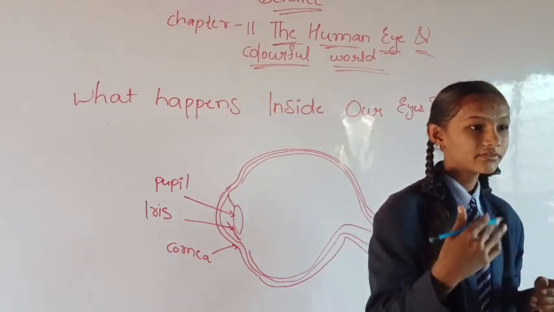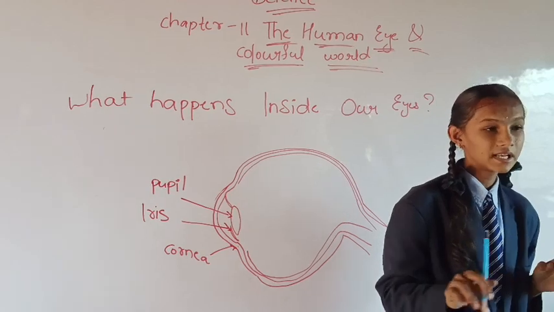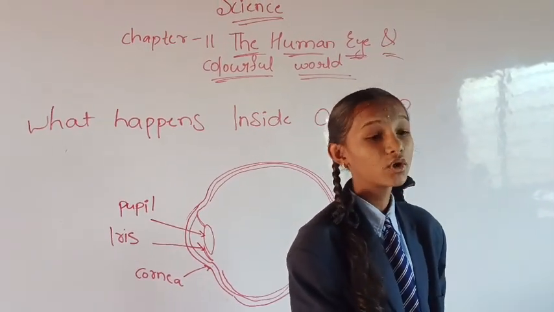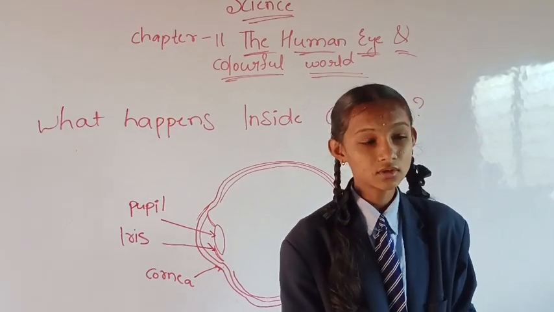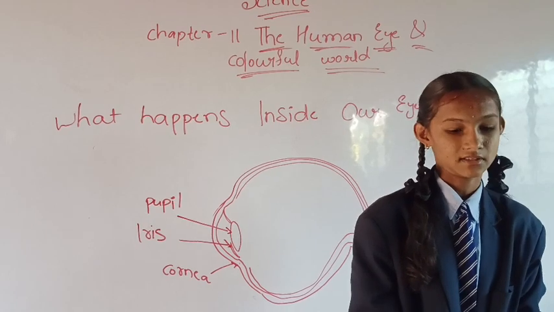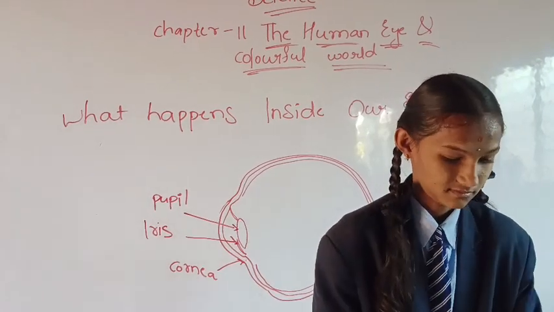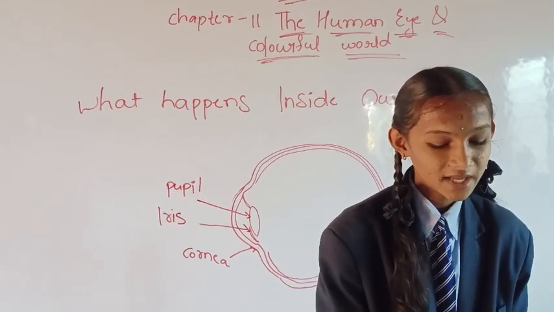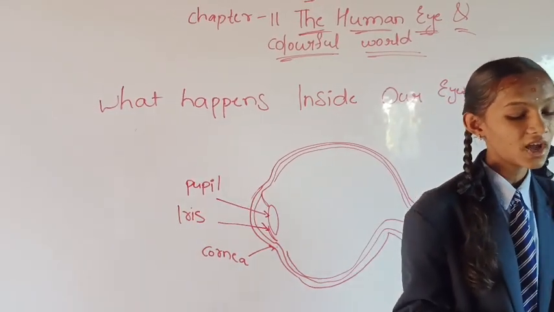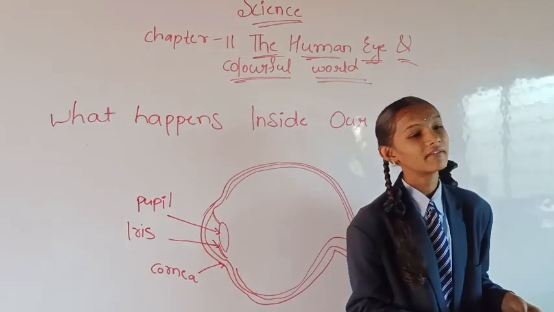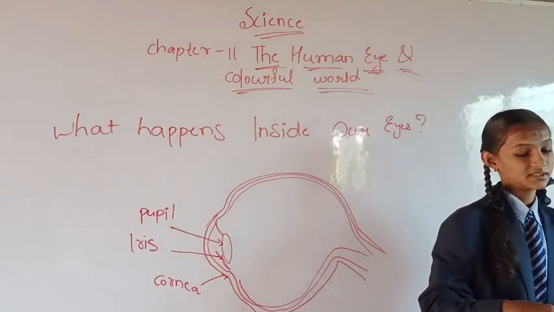When the object is far, it looks clear. When we bring the object near to our eye, it looks blurry. The lens focuses depending on how far the object is from our eye.